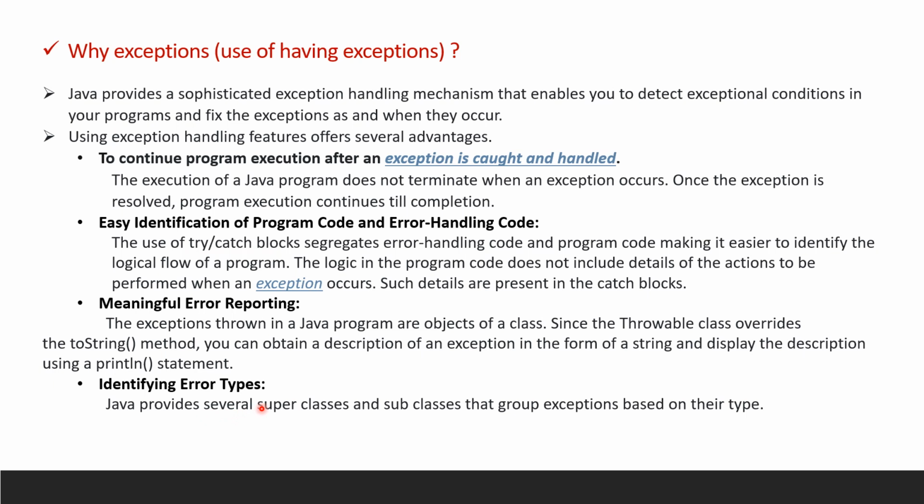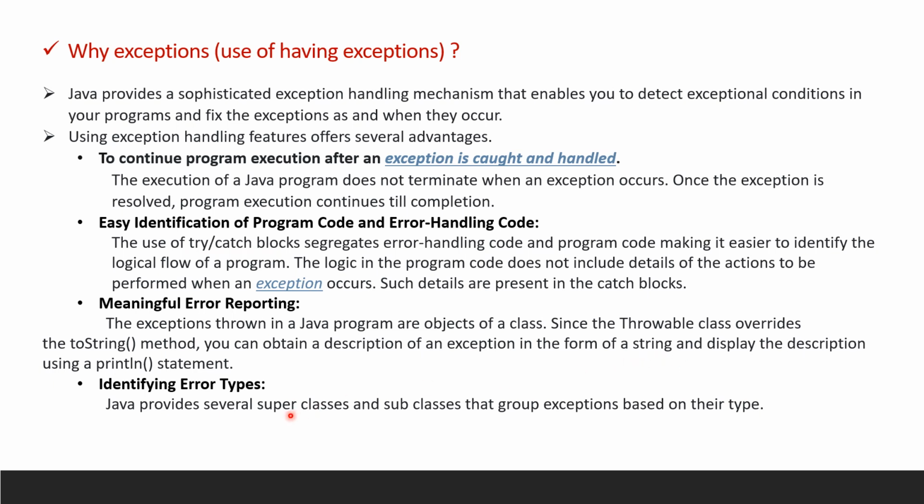Java provides several superclasses and subclasses that group exceptions based on type. For example, we have many types of exceptions, right? Exception, NullPointerException, and when we are dealing with APIs, REST APIs, we will get a client exception or server exception.